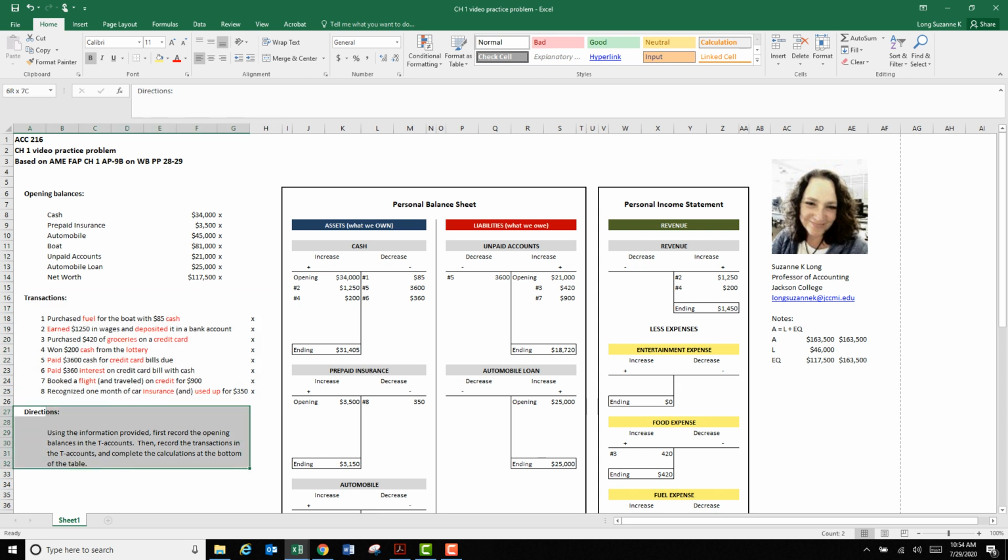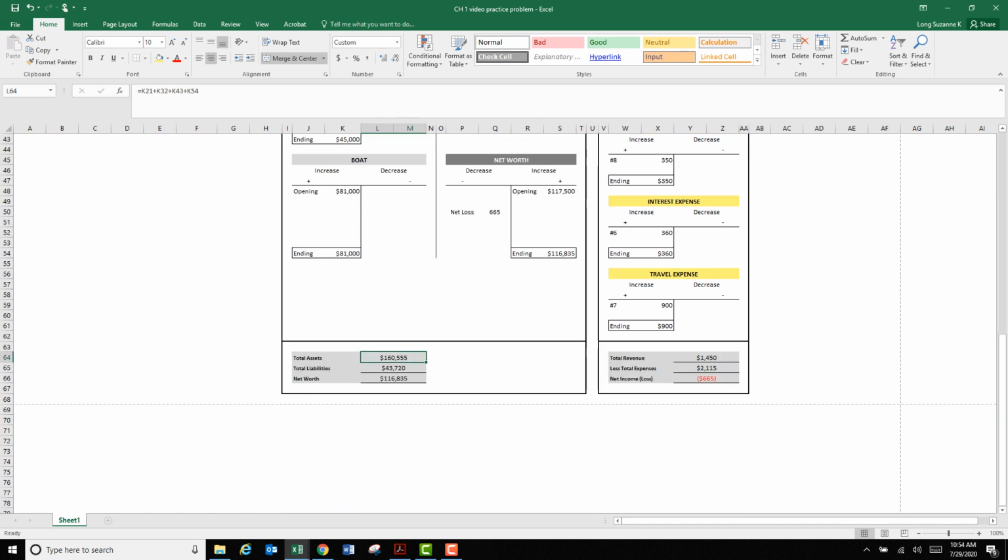And then to wrap it all up, we've got the totals. So we've got account totals as well as the total totals by category here at the bottom. And there was that little extra move where we're saying, oh yeah, we got net loss, and net loss affects net worth. So really our ending net worth is this number.